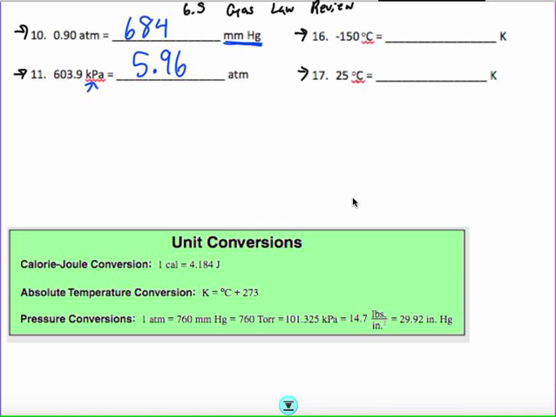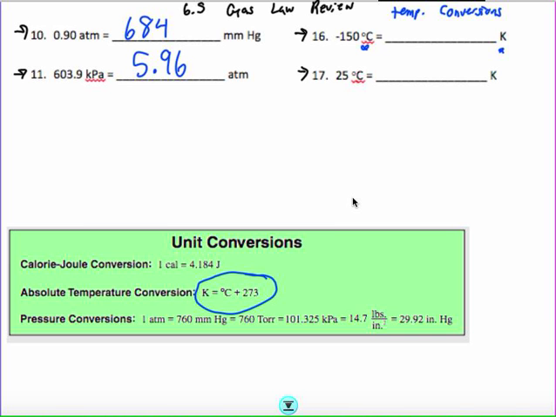Okay, now let's go ahead and go over some of the temperature conversions. Most of the time we'll be converting from Celsius to Kelvin. That conversion factor is also on your conversion sheet, right there. Kelvin equals the degrees Celsius plus 273.